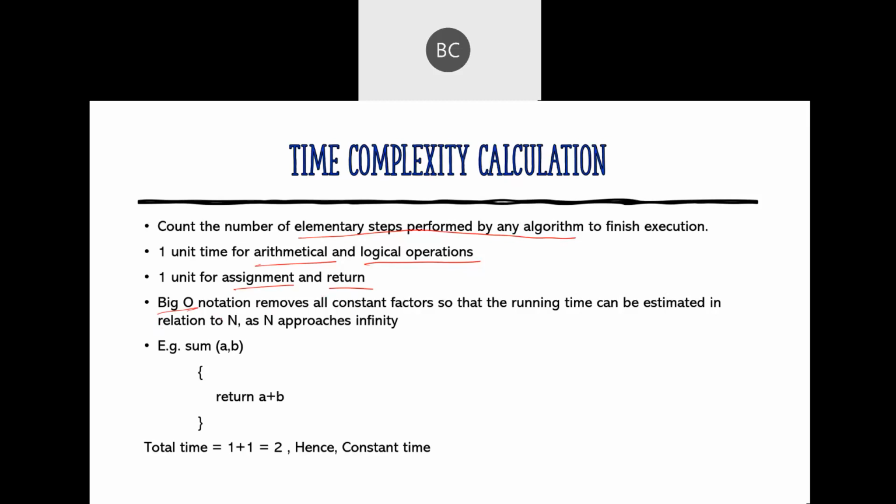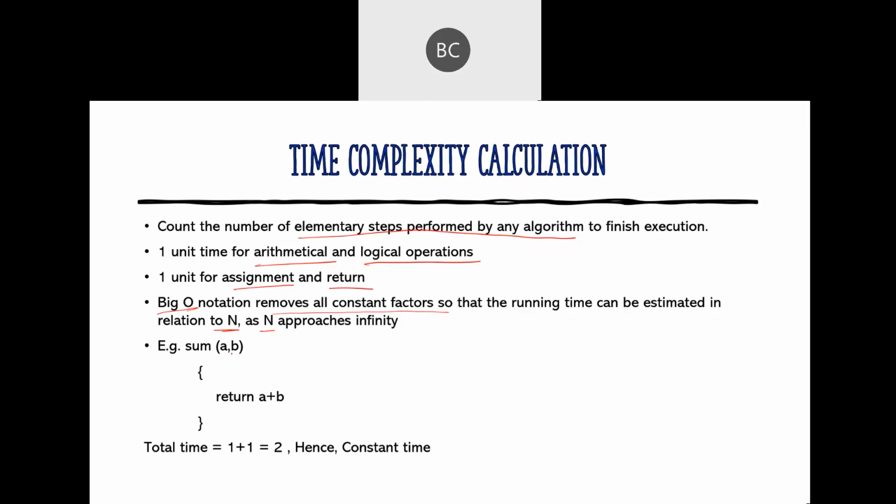This removes all the constant factors so that running time can be estimated in relation to n. What is n? n means the number of inputs. It's always in terms of input.